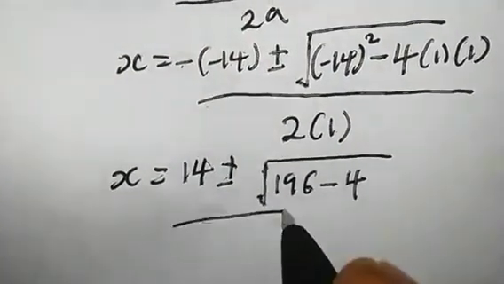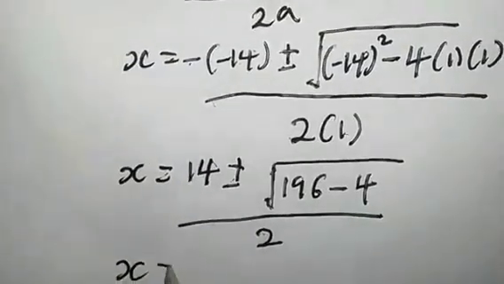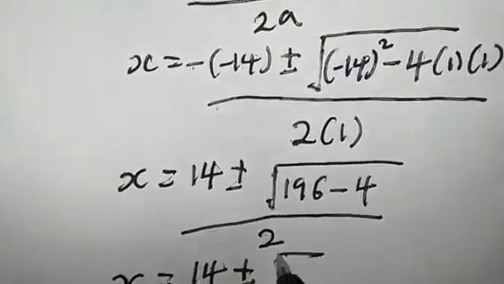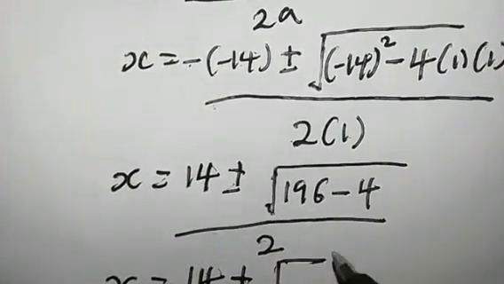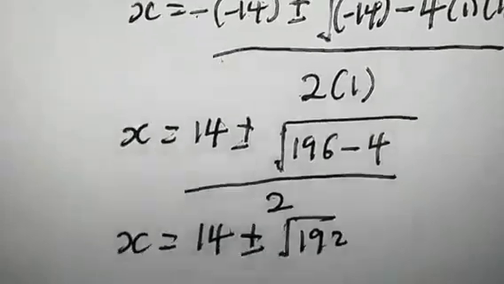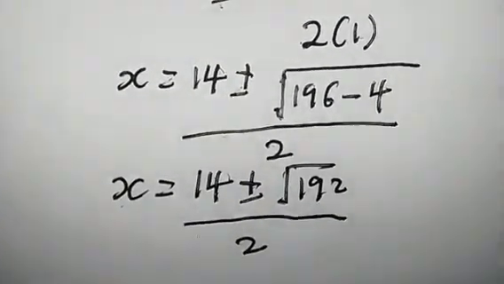Let's proceed further. Divided by 2 times 1, that is simply 2. x equal to 14 plus or minus square root of 196 minus 4, that is 192, all over 2.